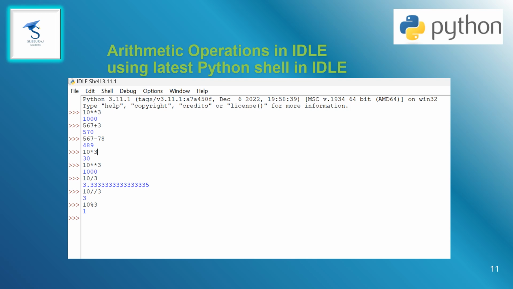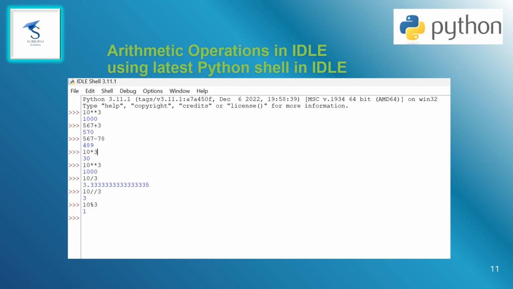You can multiply 1024 by 1024. You will get it. The most important is 10 by 3. When you put a single slash, 10 by 3, it means it is float division.